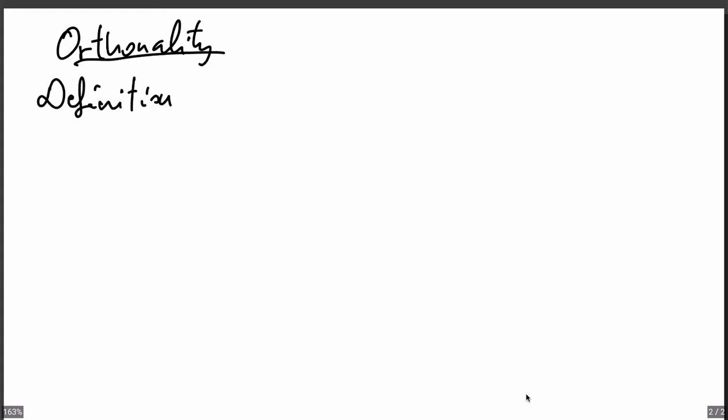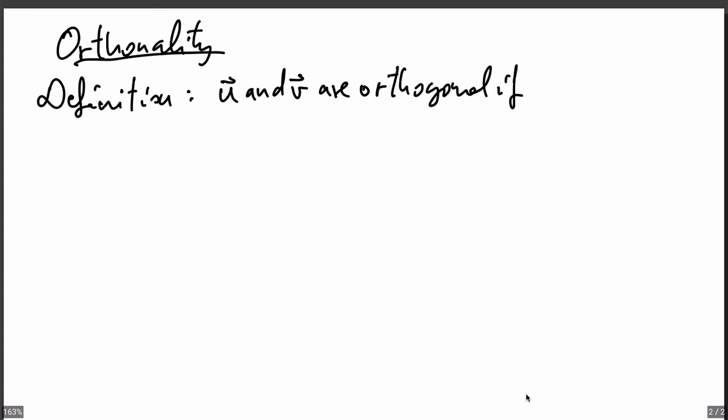It's in the same section, section 8.1, because it's related to the inner product. So the precise definition is that we call two vectors, u and v, orthogonal if their inner product is 0.